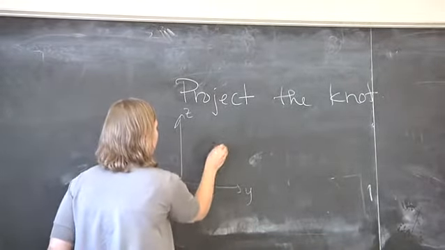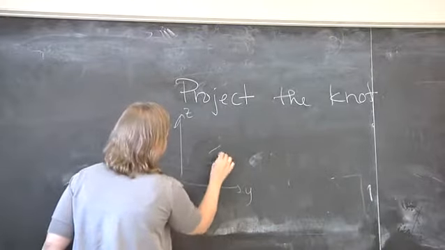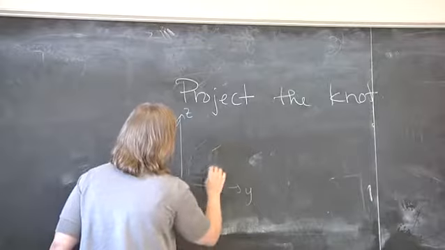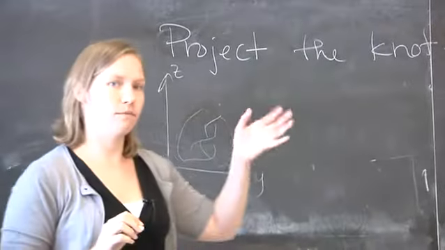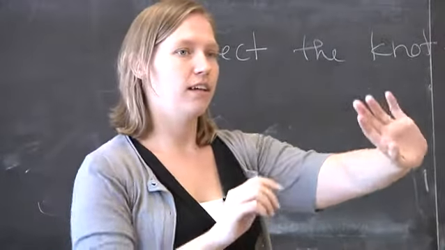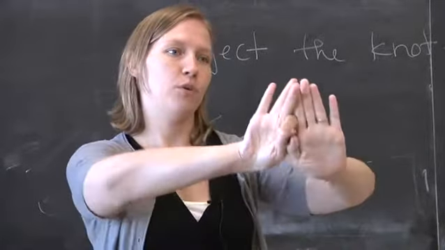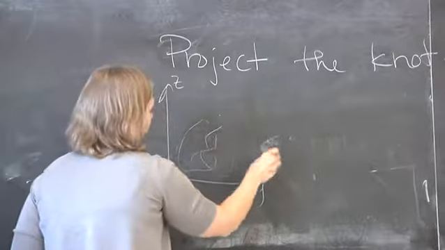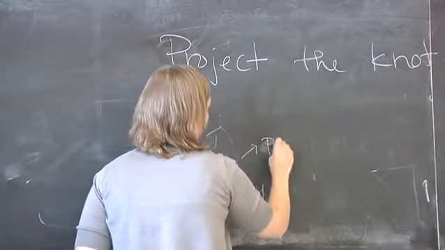Oh, I'm gonna mess it up. It's living in 3 dimensions. So whatever it looks like in 3 dimensions, I take that and I push it back into a plane.